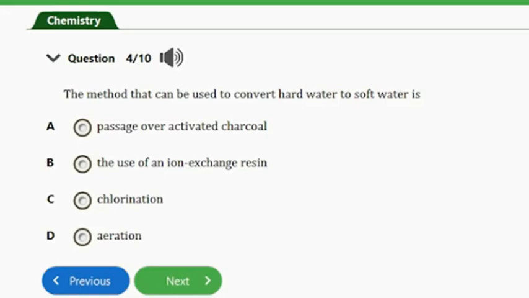So guys, the answer to this question is option B here, and that's the use of an ion exchange resin. This process is used to soften water by exchanging the magnesium and calcium ions in the water with sodium ions. So that's it for that question.